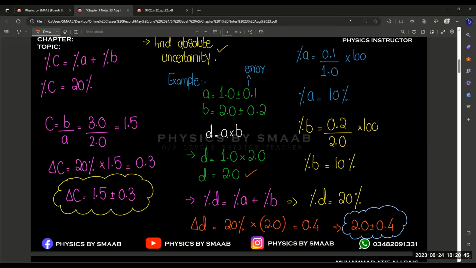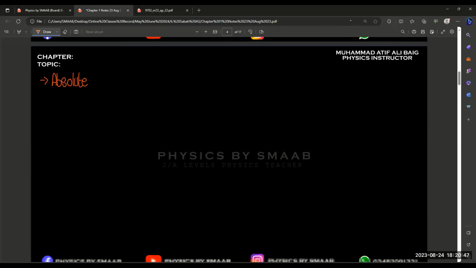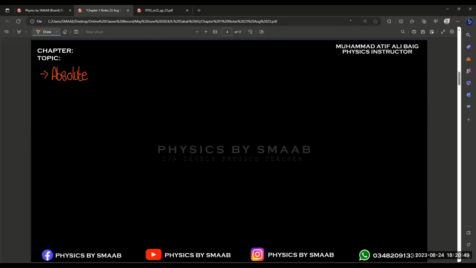There is a reason behind that. The reason is that your absolute error must be in one significant figure, because 0.2 means only the 2 after the decimal point is significant, right? The 0 before the decimal is not significant. So the absolute error must be in one significant figure.